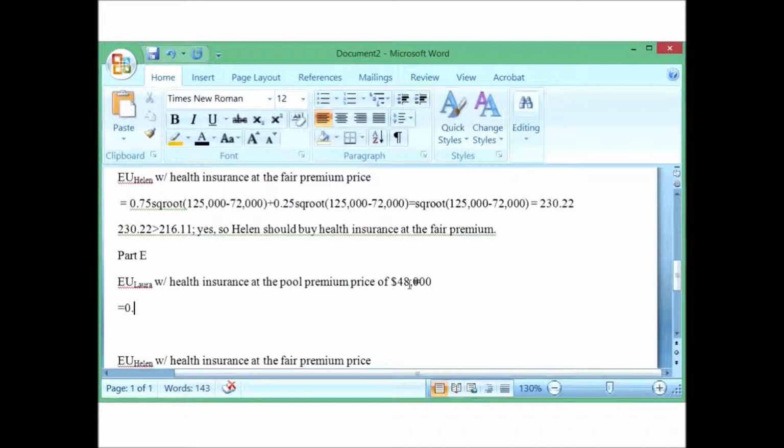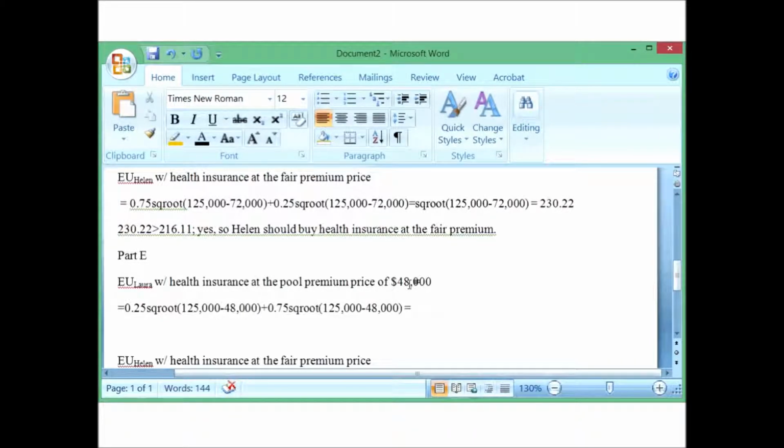So Laura can get a heart attack with probability 0.25, and her utility would equal 0.25 times the square root of her income, which in this case would be $125,000 minus the premium of $48,000. And similarly, in the case that she's healthy, she will not get any payment from the insurance company, but she will still have to pay a premium of $48,000.